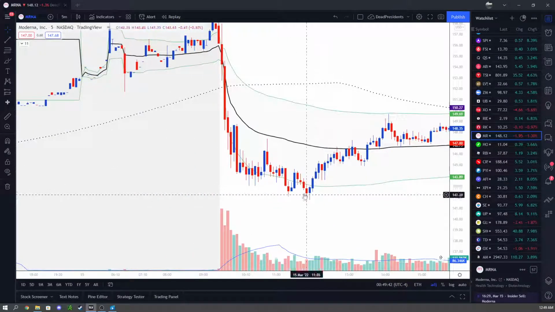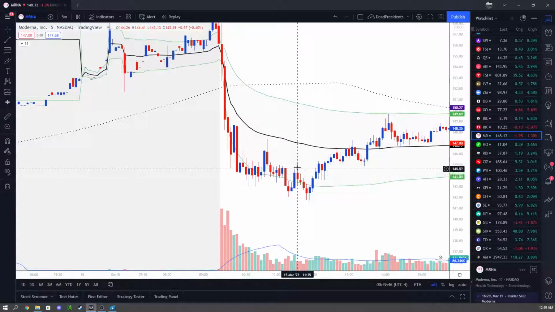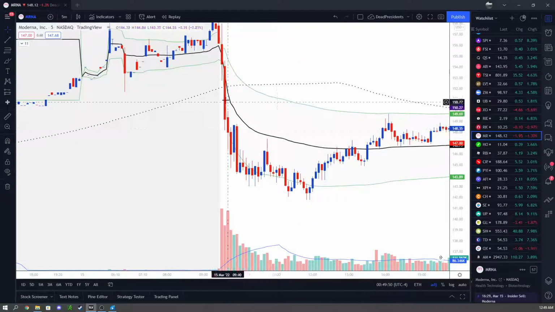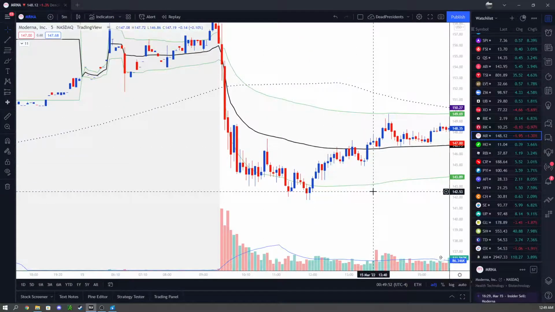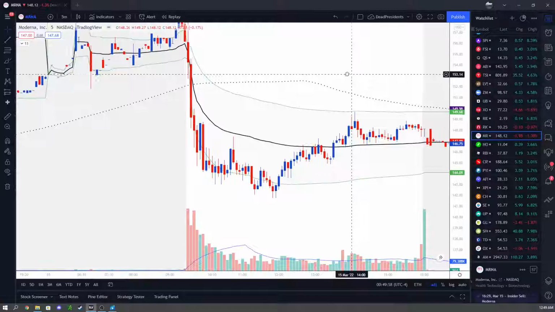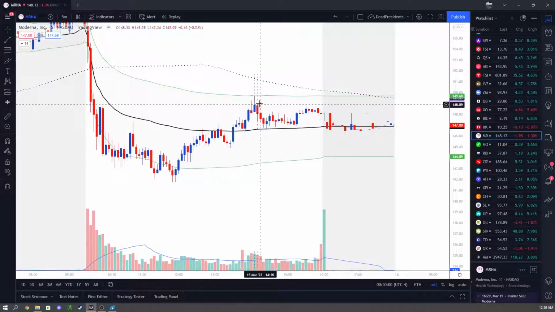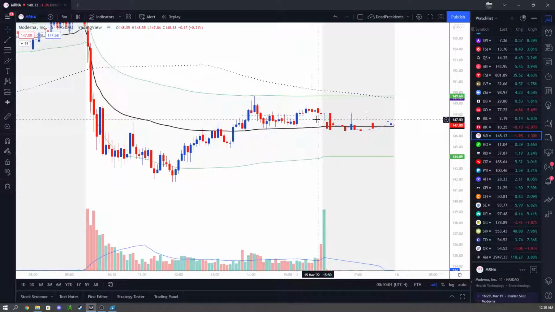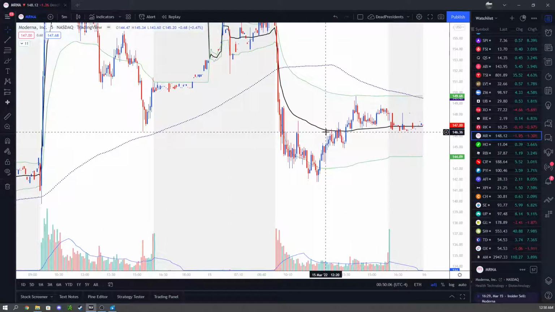So if you're buying it here, you are getting a deal because you're buying it for $6, $7 under the average price of what the VWAP is at for the day. And you would have been all right, because it did break the VWAP, and it tested the upper basis, and it stuck around from the upper basis to the VWAP, ending the day just right in between there.